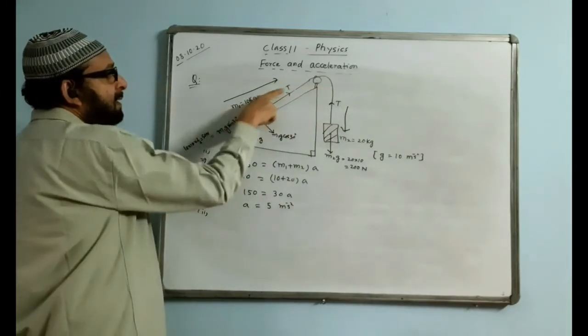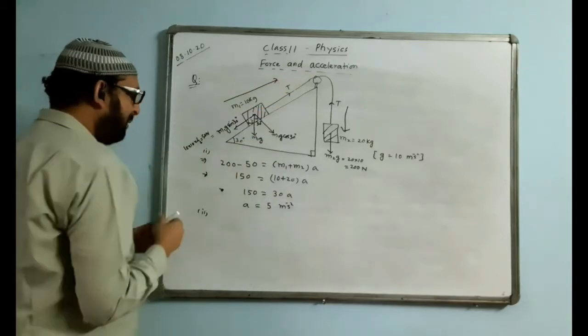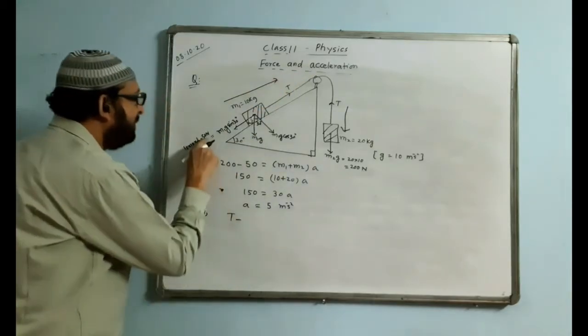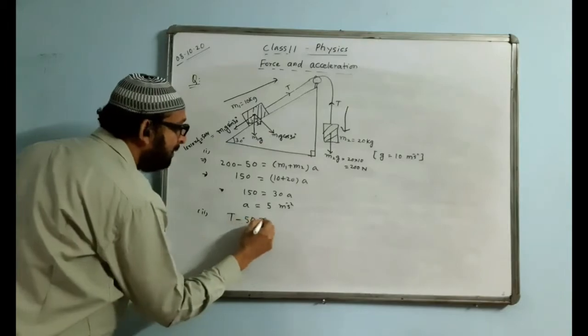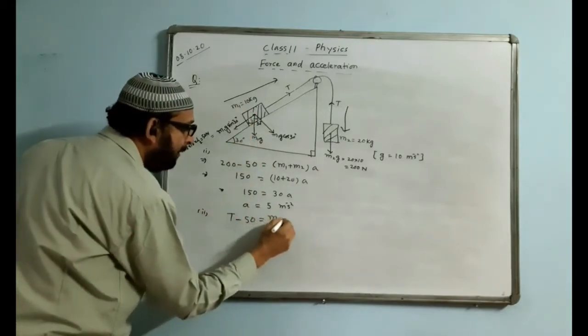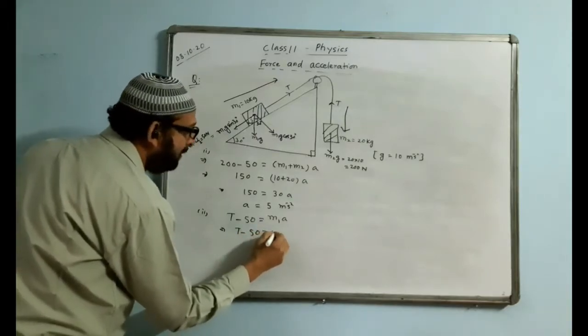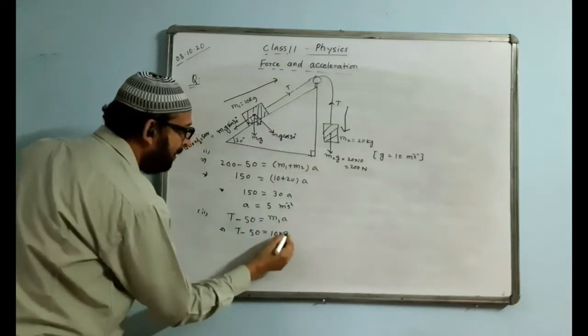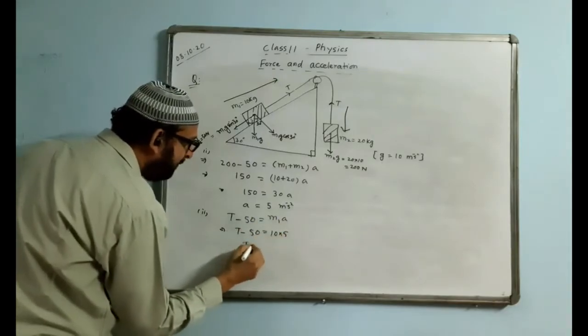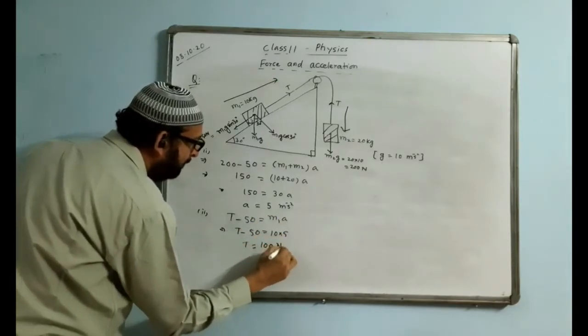Which force is bigger? I say T is bigger because the motion is in this direction. I will be writing T minus this side value 50 is equal to M1A. T minus 50 equals M1 value 10 into the A value 5. 50 will go to that side, so the T value becomes 100 Newton. Answer.